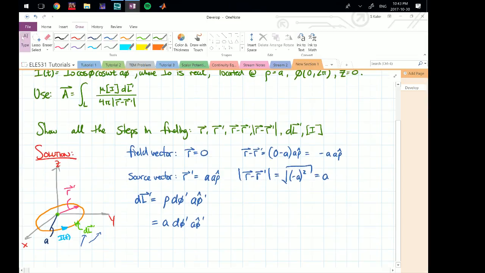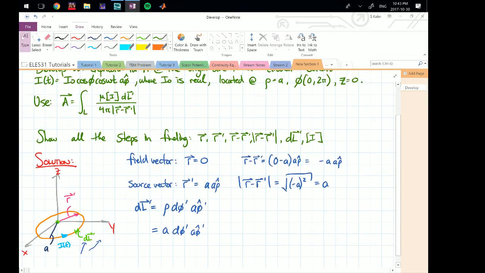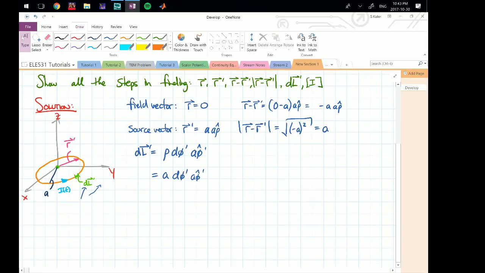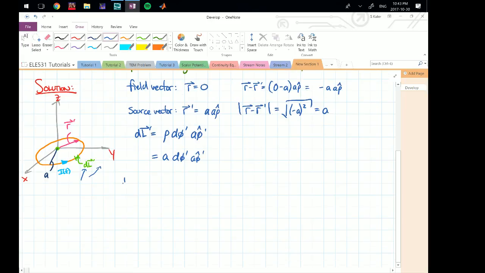So now the last thing left for us to do in this setup is to find the time-retarded current. Now, the time-retarded current is this little I with the square brackets around it. Now, there's nothing wrong with the current itself.